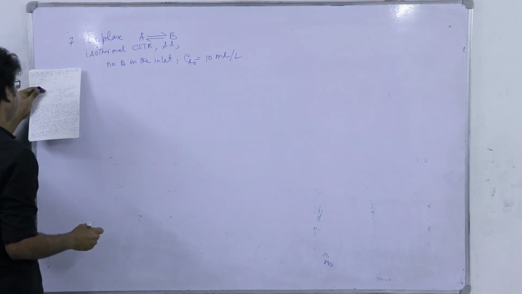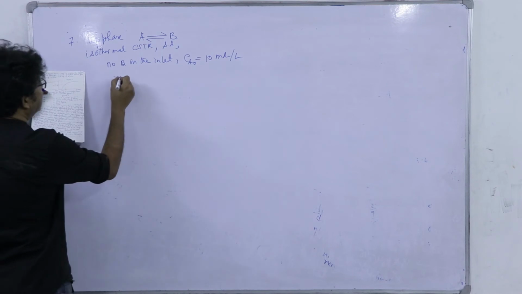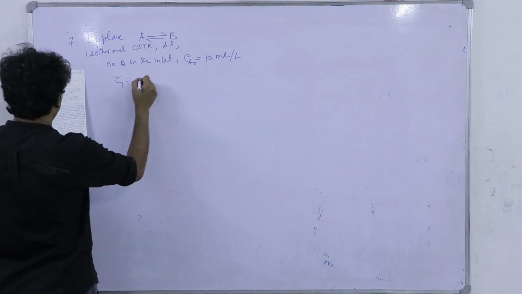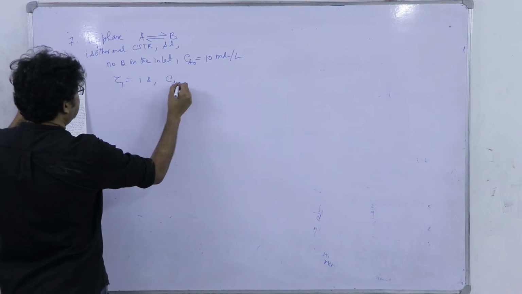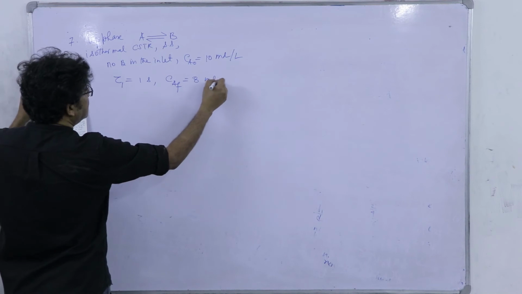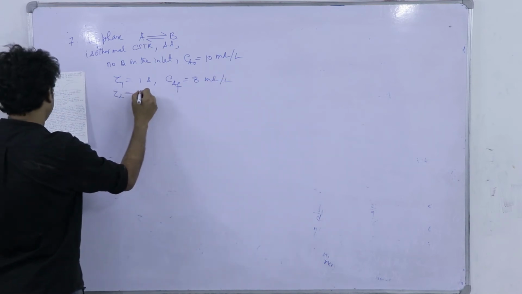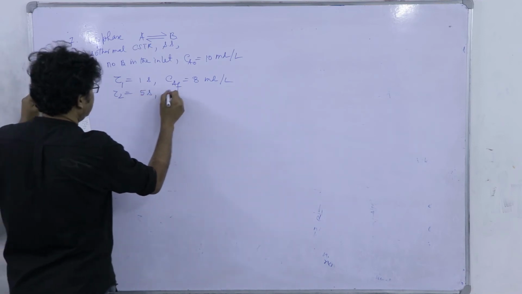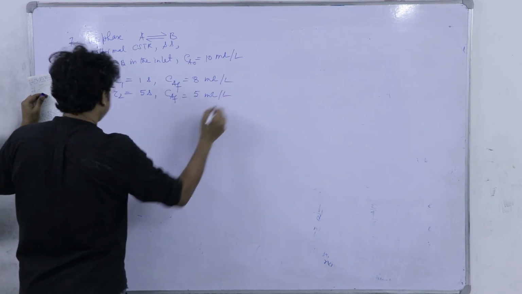The concentration of A at the reactor outlet for residence time of 1 second is 8 mole per liter, and if we increase the residence time from 1 second to 5 second, the concentration of A drops to 5 mole per liter.